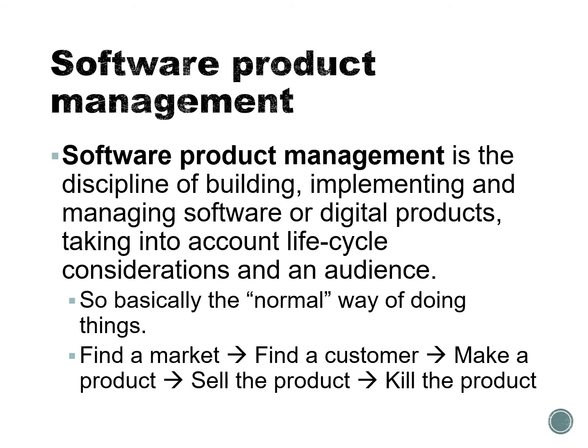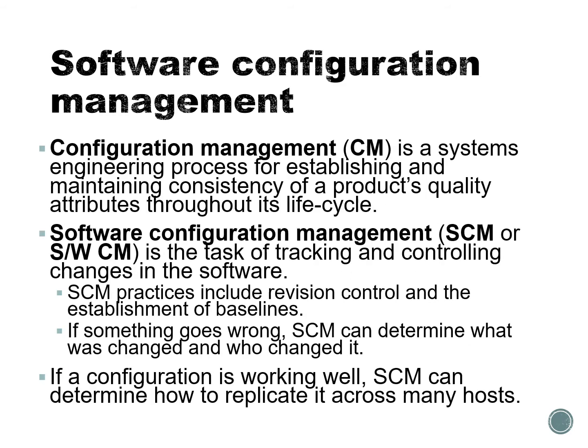We have to refactor things, we have to recreate things, we have to add new functionalities, we perhaps need to support new software or hardware systems. But still, product management more or less describes the normal way of doing things. So find a market, find a customer, make a product, sell the product, and finally, at the end of the life cycle, kill the product because it generates more costs than revenue.